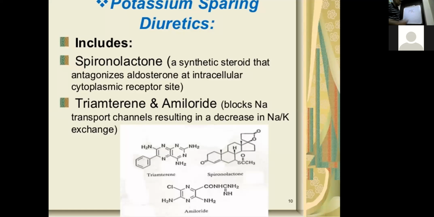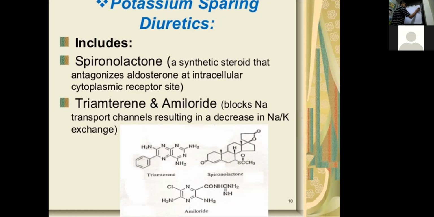Remember, at the 7th position there is a phenyl group. So this is the structure of your triamterene. It is triamino substituted.